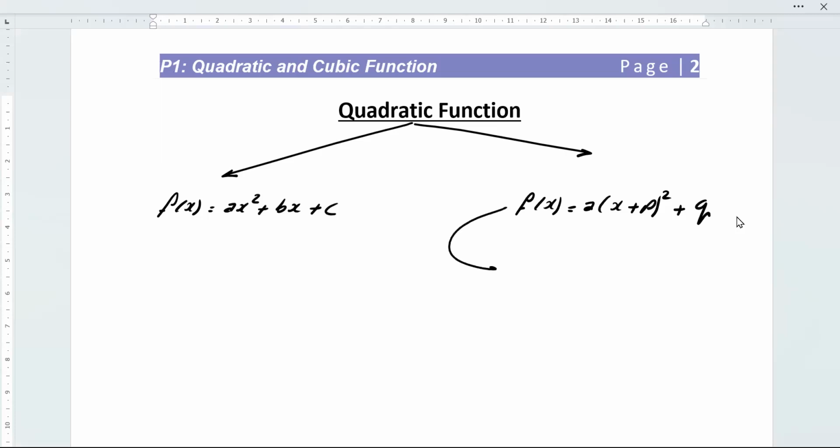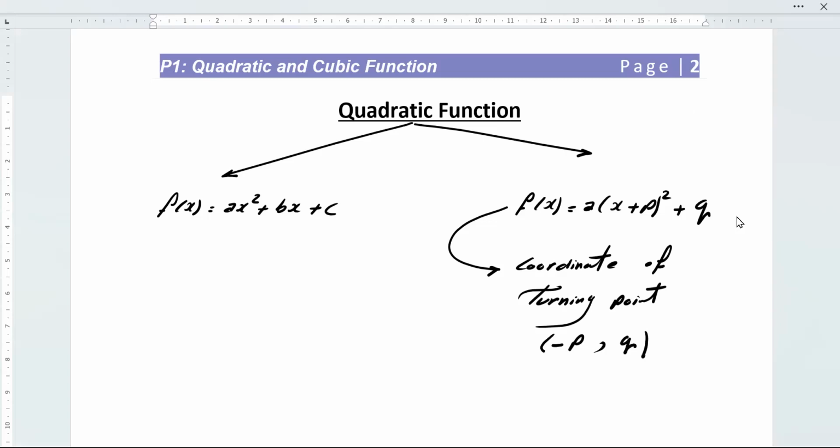What is the coordinate of the turning point? The coordinate of the turning point, you can get from completing the square, which is (negative p, q).